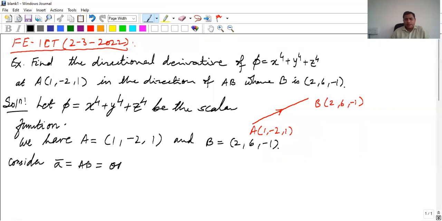What this AB is, this is OB. The coordinates of B are given, that means it is the vector OB minus OA. If I represent A, then it is 1i minus 2j plus 1k. And if I represent B, then it is 2i plus 6j minus 1k.